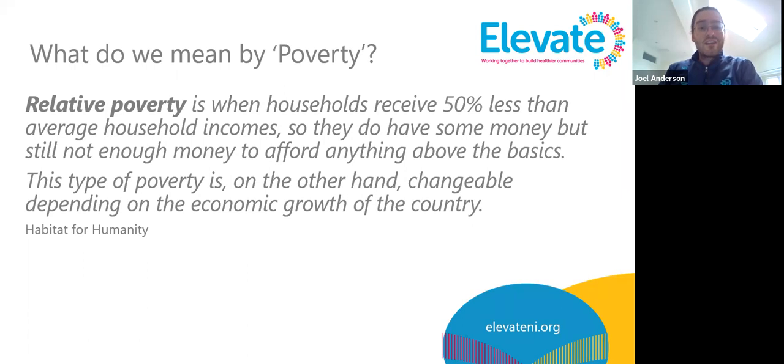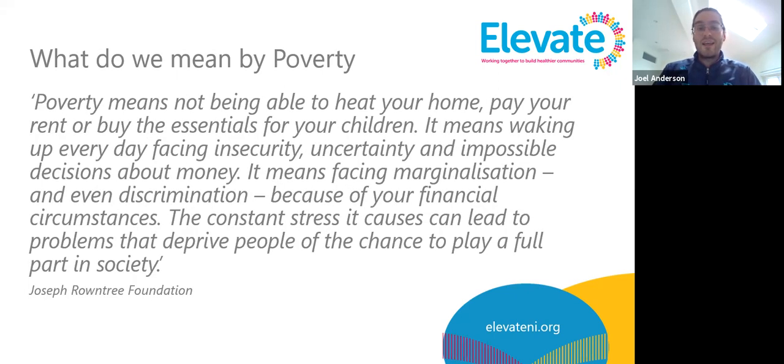So that's the definition of relative poverty, but what does this really mean for people who are experiencing poverty? This definition of poverty is taken from the Joseph Rowntree Foundation. They define it as: poverty means not being able to heat your home, pay your rent, or buy the essentials for your children. It means waking up every day facing insecurity, uncertainty, and impossible decisions about money.